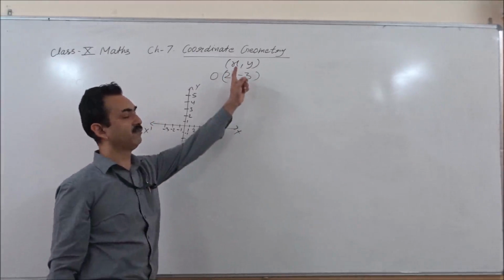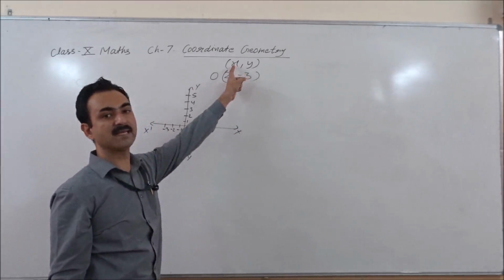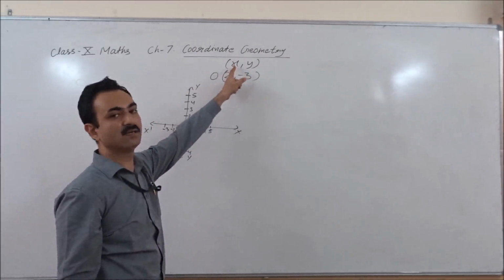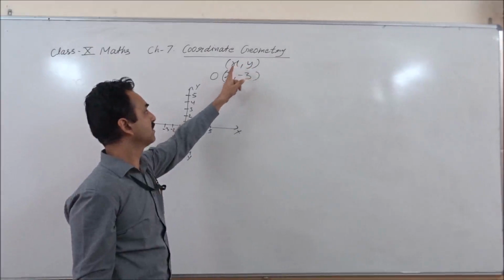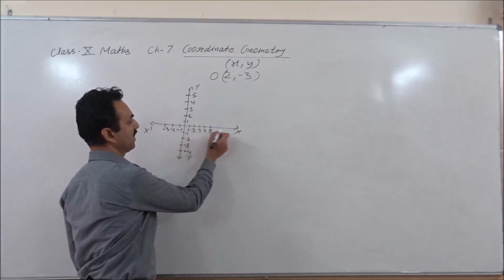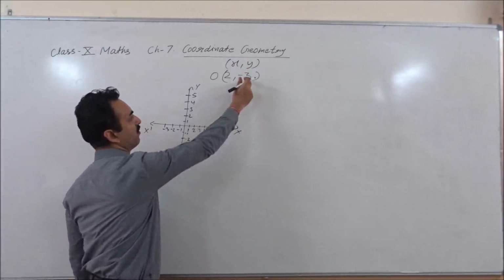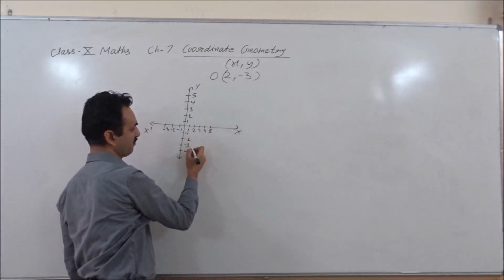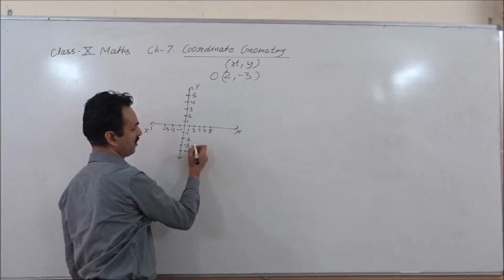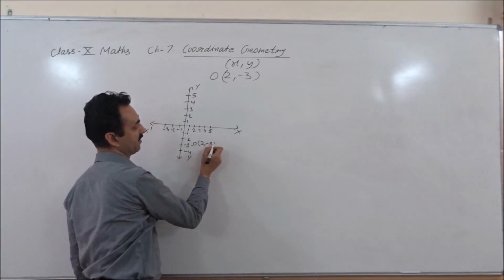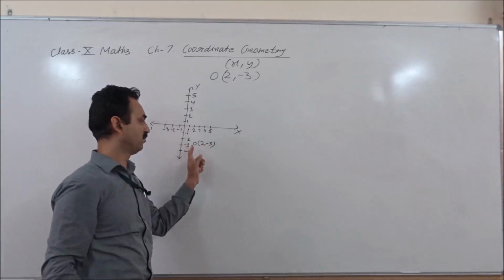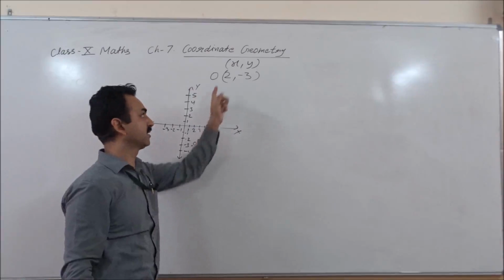First of all, we see the position of the x coordinate. This is called abscissa and this is called ordinate. So x is 2, and y is -3. So this is the point 2, -3, our required position of the given point.